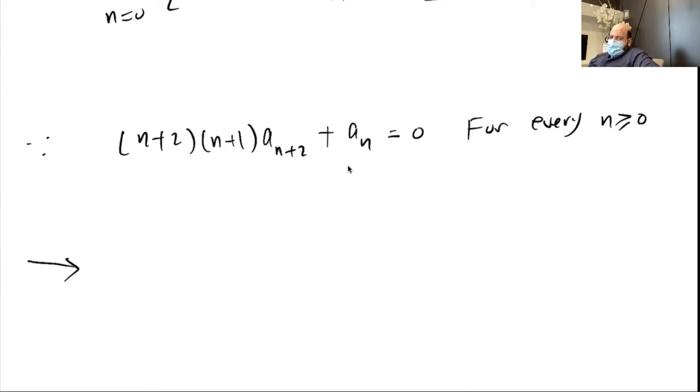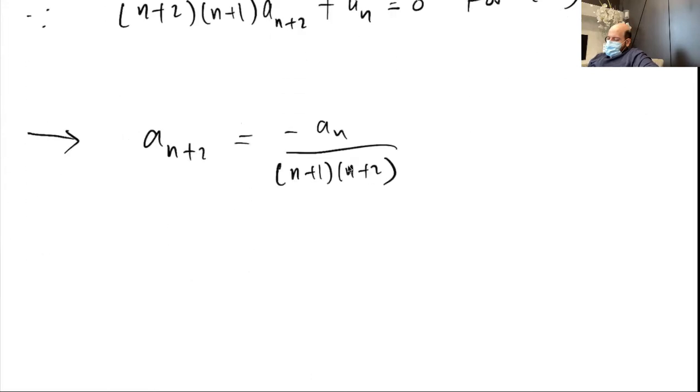And then we can find the general solution. So here the recursive relation would be a_(n+2) equals minus a_n divided by (n plus 1)(n plus 2). And this will be valid for n bigger than or equal to 0.